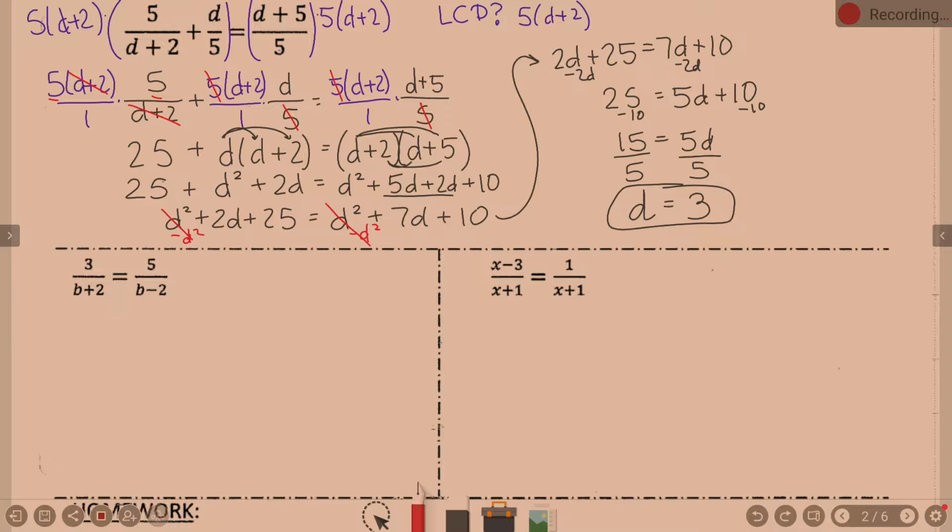So if you want the shortcut here, we could multiply 3 times b minus 2 and set it equal to the other cross product, 5 times b plus 2.